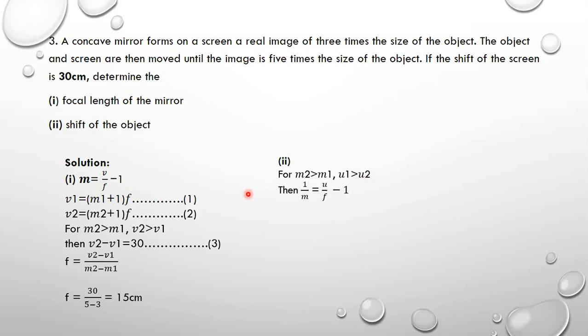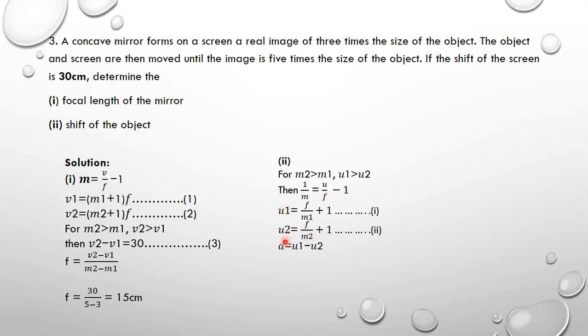Make u the subject from that. Then you have u1 is equal to f divided by m1 plus 1, and then also u2 is f divided by m2 plus 1, and then we shall subtract the two and get that shift.